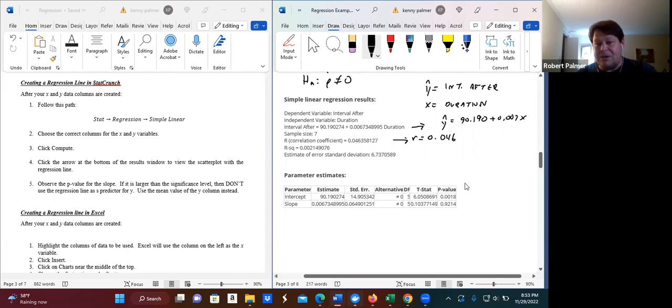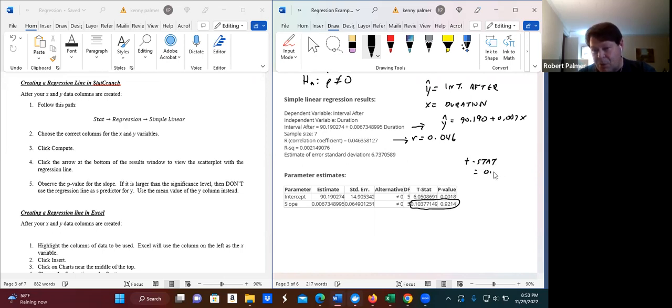So actually our statistic here, our t-stat, we want the t-stat and the slope for both of these. The t-stat is 0.104, and the p-value is equal to 0.9214.